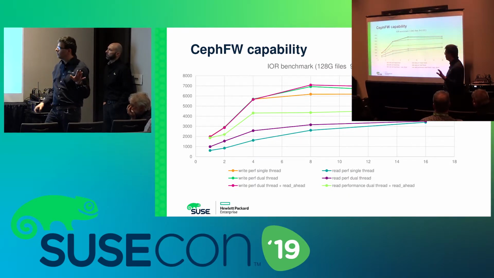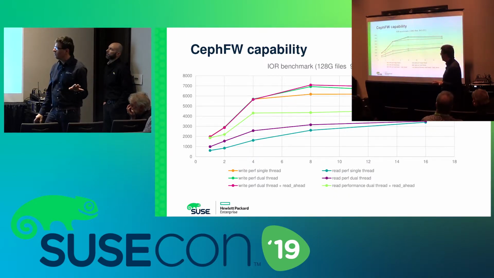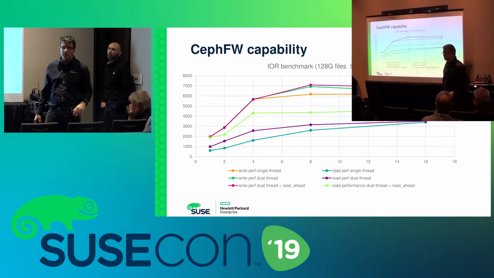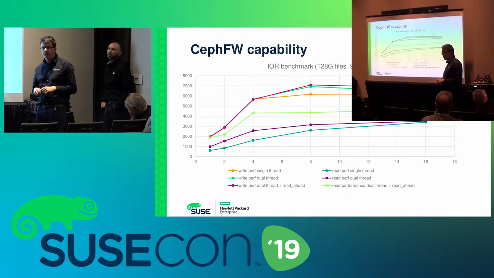Just to give you an idea, I have 6 servers, 6 Apollo 4200s. Each of them had 16 drives at that time, actually 15, because one drive was used for the boot, plus 2 NVMEs, and I was able to reach writing 7 gigabytes per second, which is pretty nice.